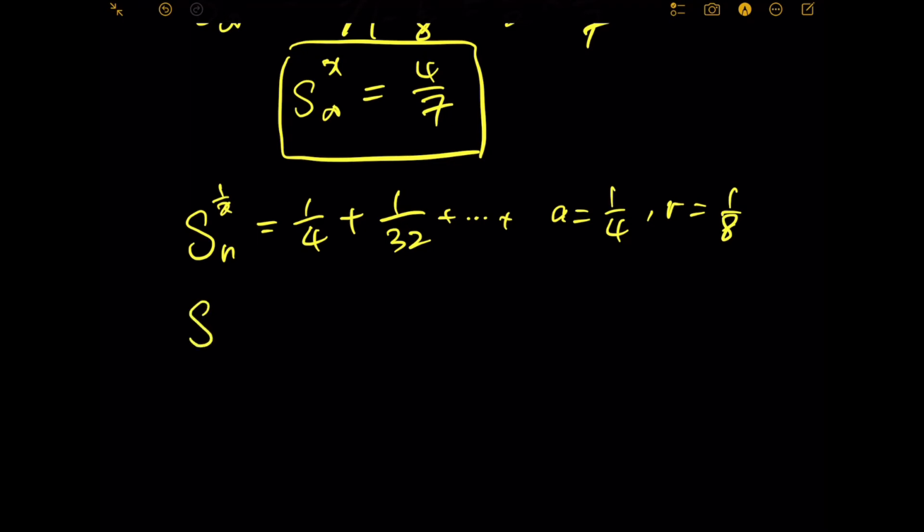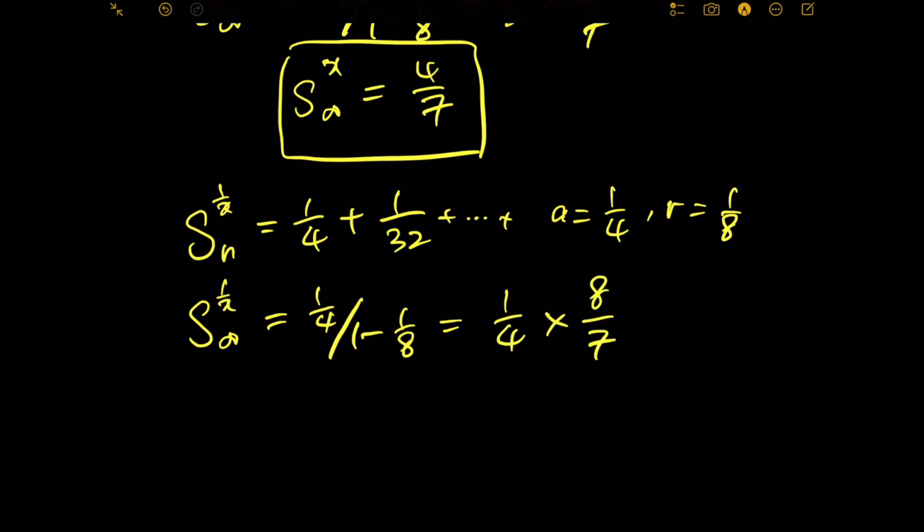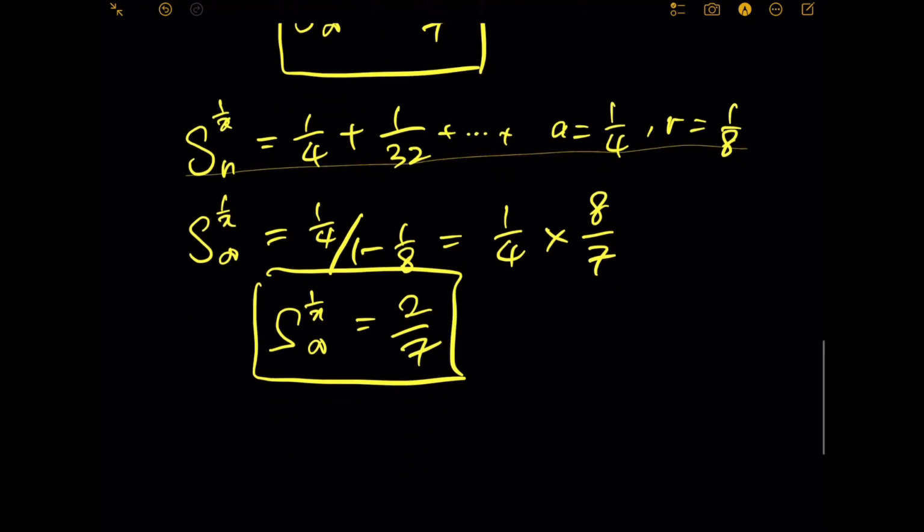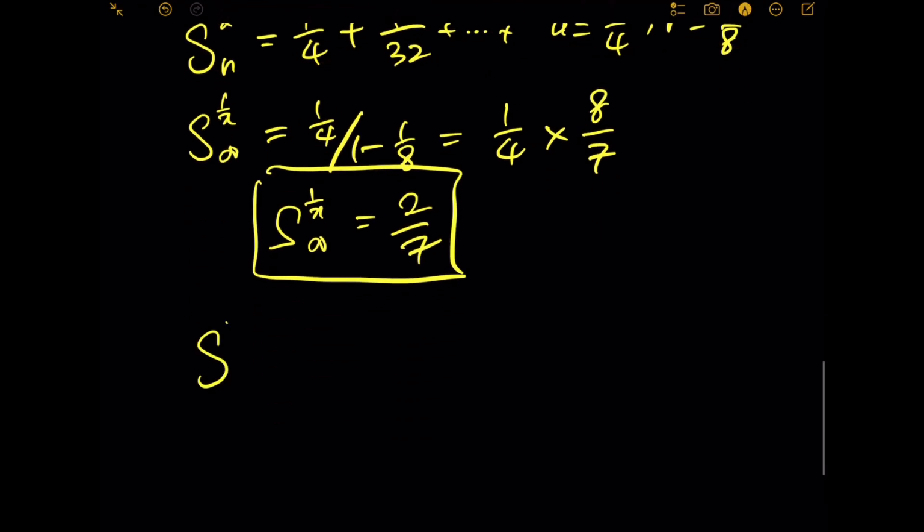So S of 1 over x infinity is 1 over 4 divided by 1 minus 1 over 8, which is 1 over 4 multiplied by 8 divided by 7. So S of 1 over x infinity is 2 over 7.